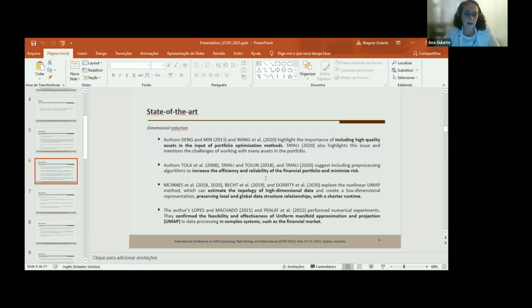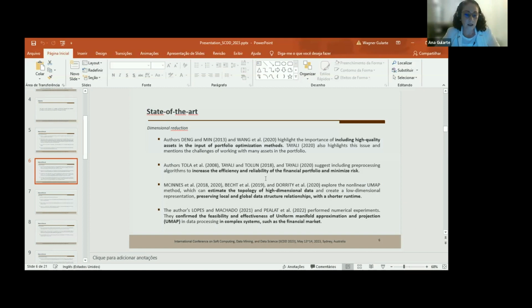McInnes, Batch, and Dorothy explore the nonlinear UMAP methods which can estimate the topology of high-dimensional data and create a low-dimensional representation, preserving local and global data structure relationship with a shorter runtime.